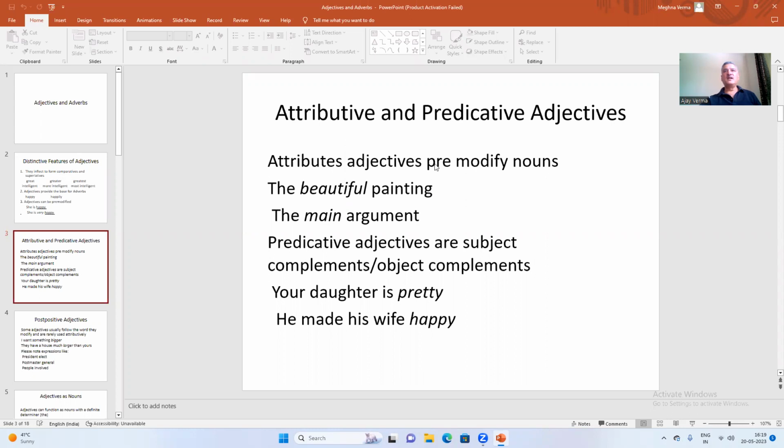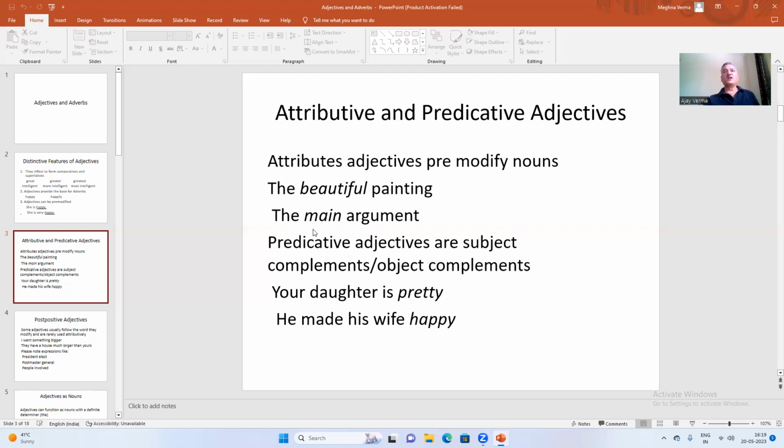Attributive adjectives are those adjectives which come before the noun, which occur before the noun. The adjectives which come before the noun are called attributive adjectives. The beautiful painting, the main argument. Here, beautiful and main are attributive adjectives.